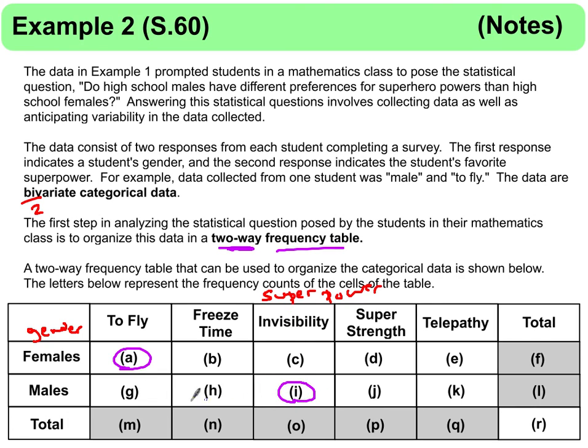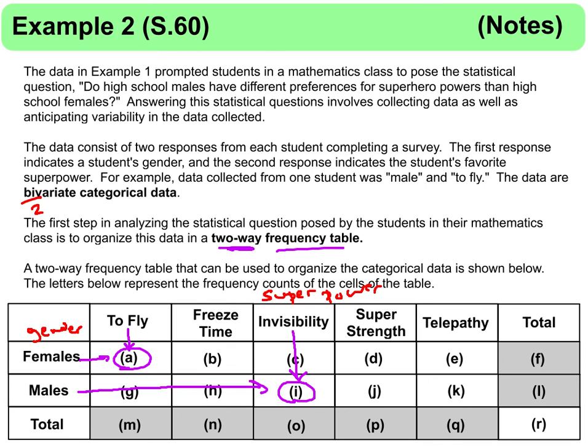And so we use a grid method, where we'd slide this over males versus invisibility, and that would link to that data, versus over here females that like to fly. A two-way frequency table that can be used to organize this data is shown below.